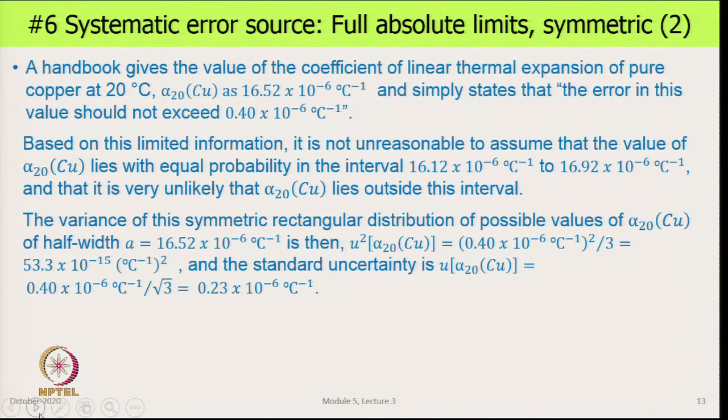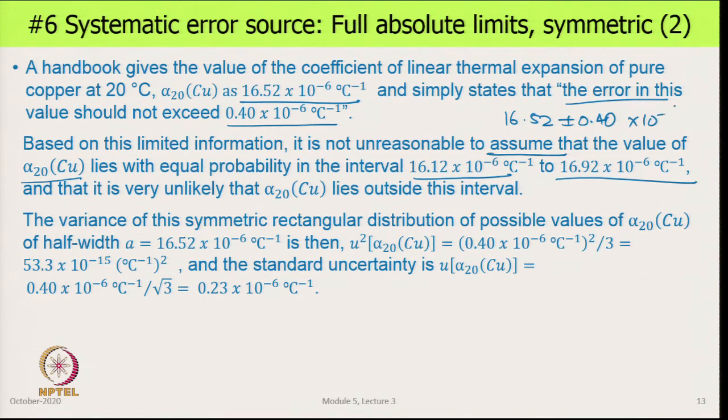So, here is an example of that. The handbook gives the value of the coefficient of linear thermal expansion of pure copper at 20 degrees C as this much, and simply states that the error in this value should not exceed this much, which means that nothing lies outside these limits. So, we can assume that the value lies in this interval, 16.52 plus minus 0.40 into 10 to the power minus 6.